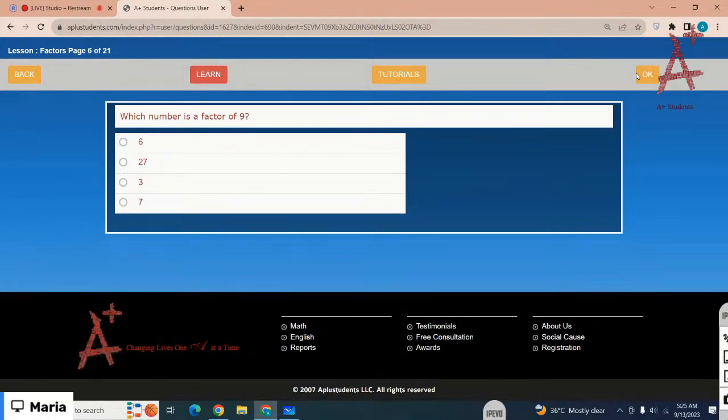Which number is a factor of 9? 27? No, a factor of 9 is a number that can evenly divide 9. That would be 3. 3 times 3 is 9, so the correct option is 3.